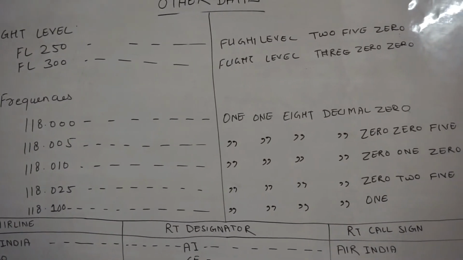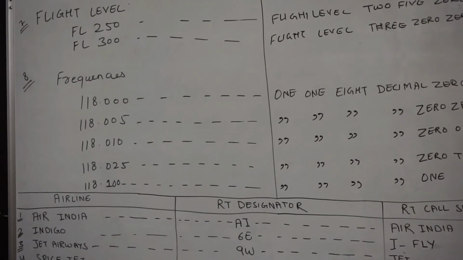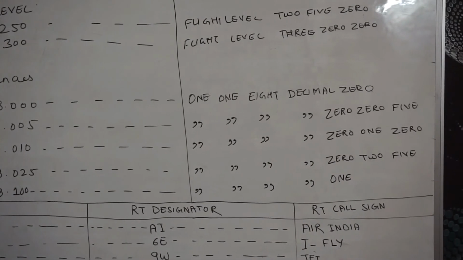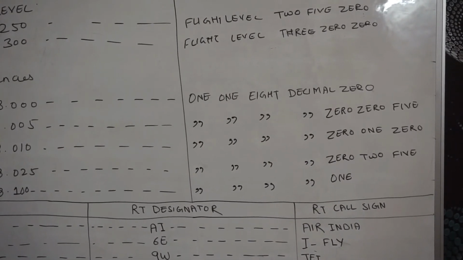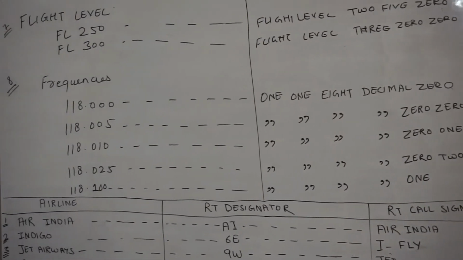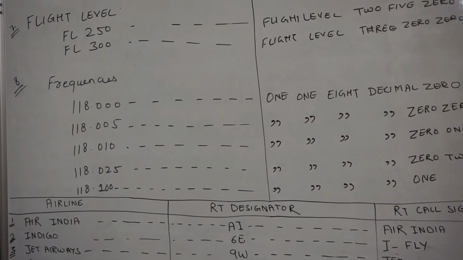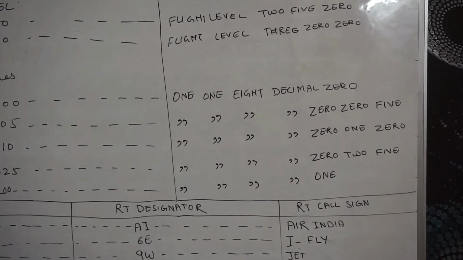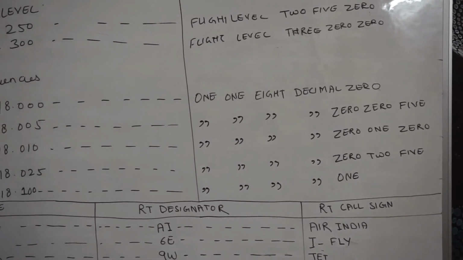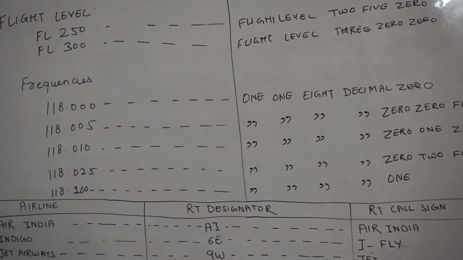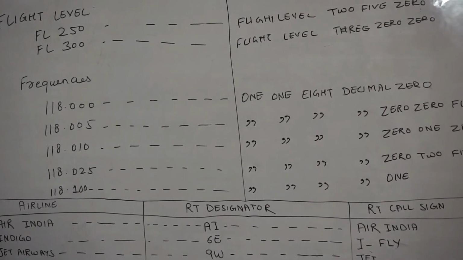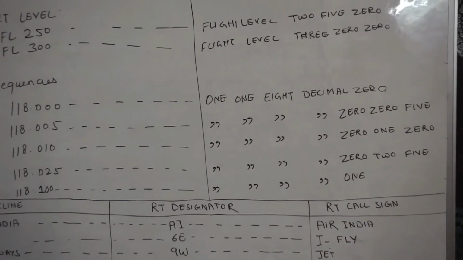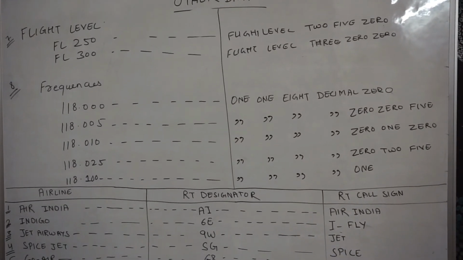Then the third is 118.010, so we will transmit it as 118.010. Then 118.025, and we will transmit it as 118.025. And the last is 118.100, we will transmit it as 118.1. So this is how frequencies and flight levels will be there.